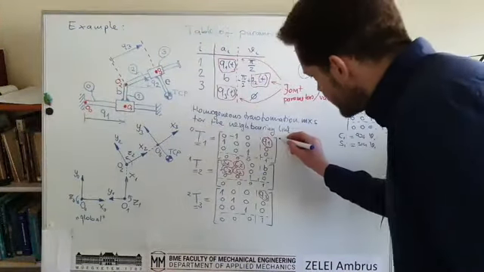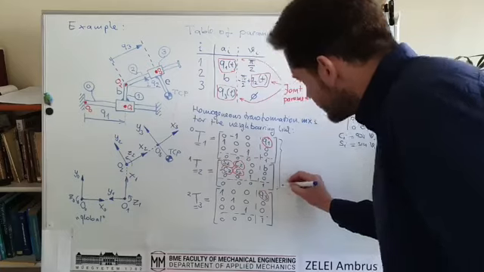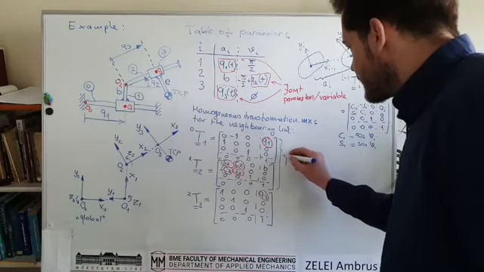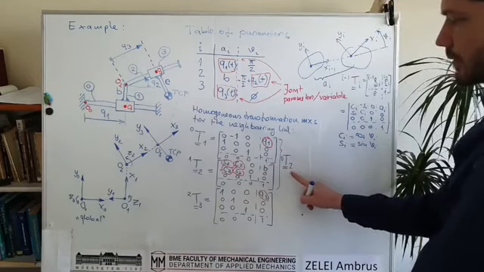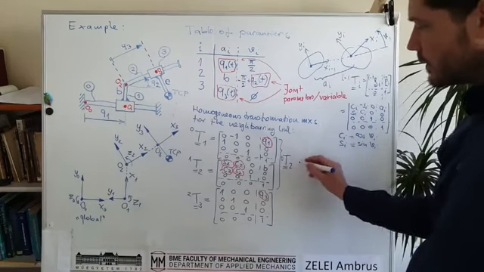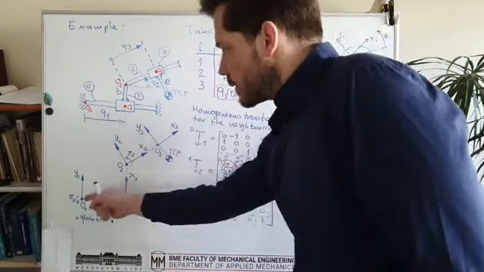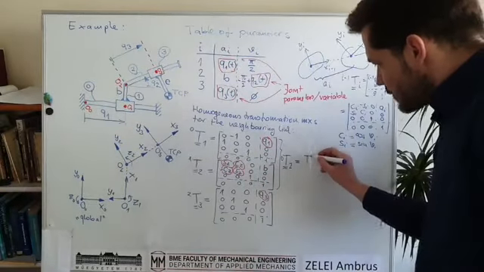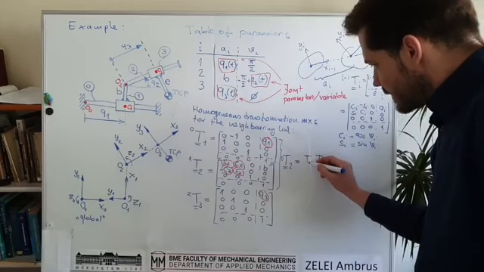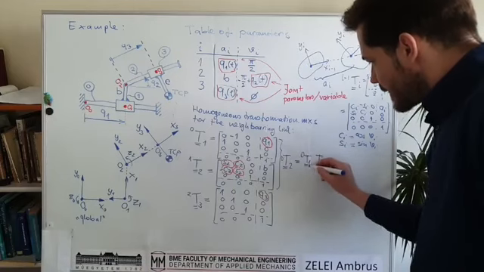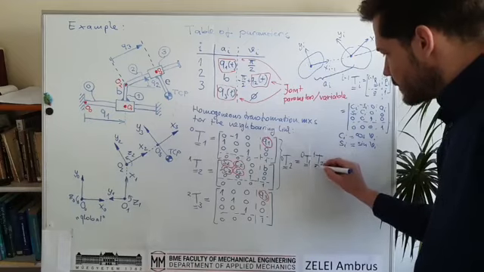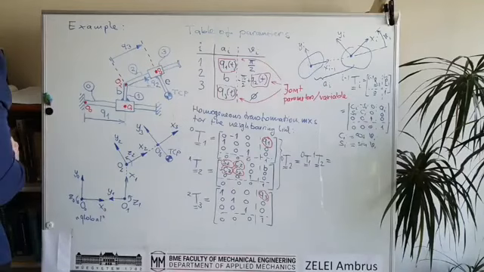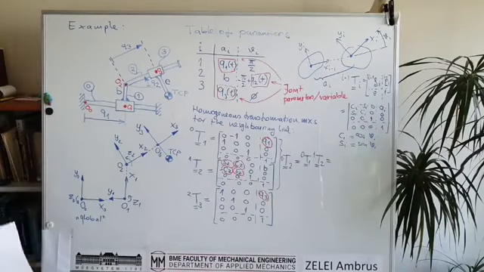But if we multiply these two matrices, then the homogeneous transformation matrix which transforms from the second to the global one is obtained by just multiplying them. So that's why it is very efficient. I can multiply T10 with T21, and then I will obtain the homogeneous transformation matrix.